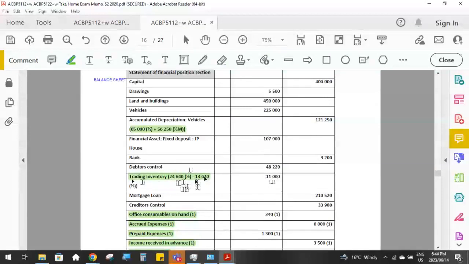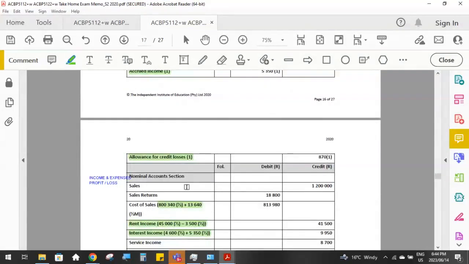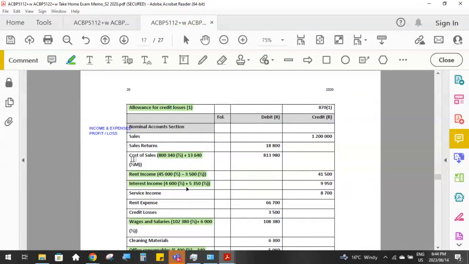But remember, we can't only credit trading inventory with 13,640, because that would be a one-sided journal entry. If I'm going to credit inventory with 13,640, I have to debit something else. And what do we debit when we adjust inventory? We debit cost of sales, which is an expense account. Okay, so there's the other side of the entry for that 13,640 that we adjusted.